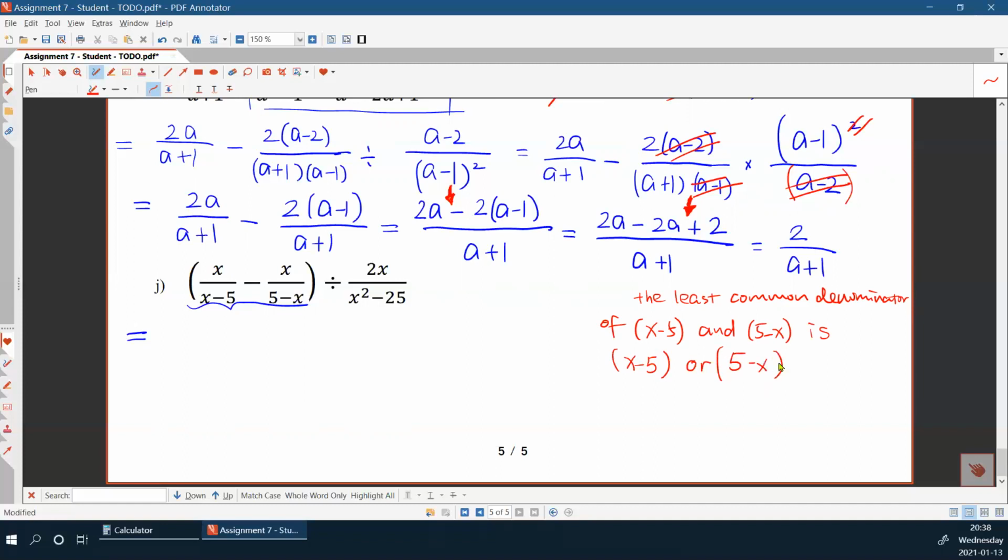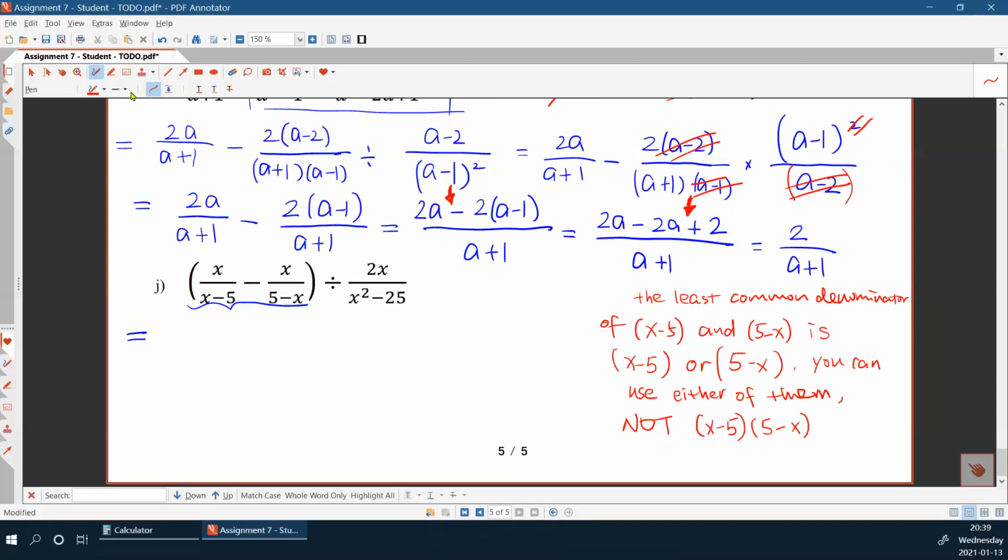You can use either of them. Not x minus 5 times 5 minus x. This is not necessary because it is not the least common denominator. It is a common denominator, of course, but it's not the least one, which may complicate your calculations thereafter.